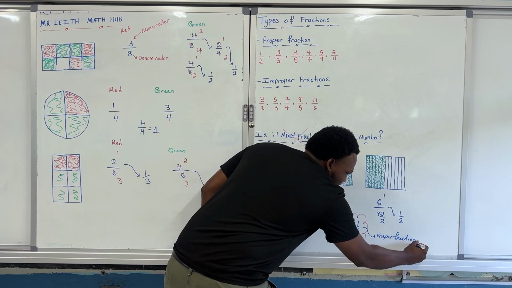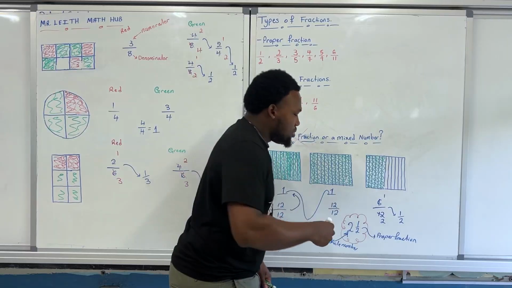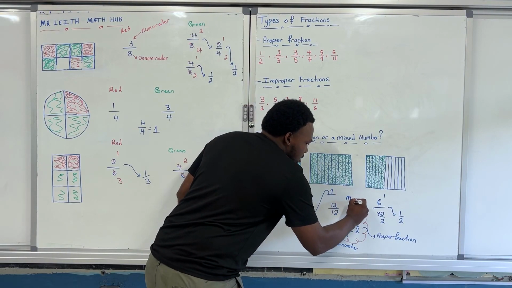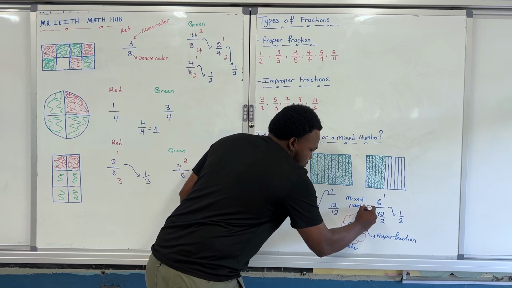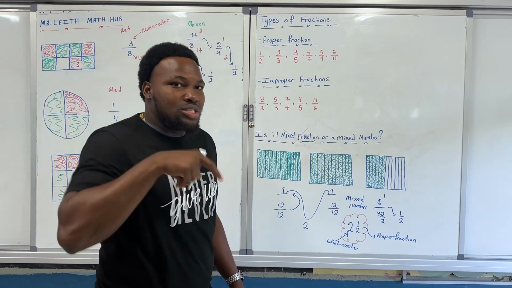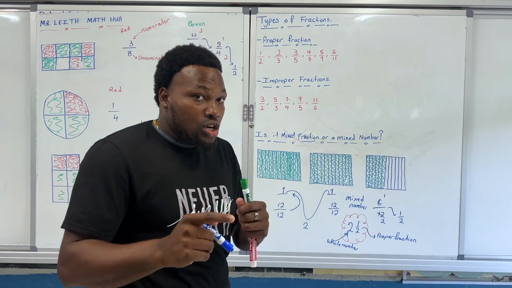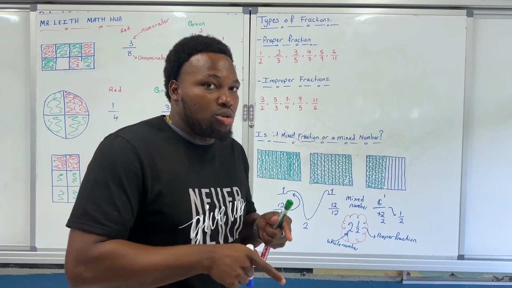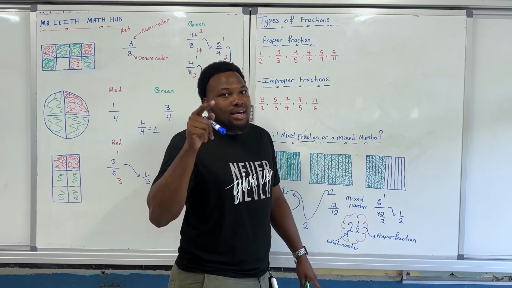It's a whole number and a proper fraction. So this is not a mixed fraction, but it's a mixed number. Alright? So, can't say I learned something new today, no? Not a mixed fraction, but a mixed number. Why? Because it's made up of both a whole number and a proper fraction.